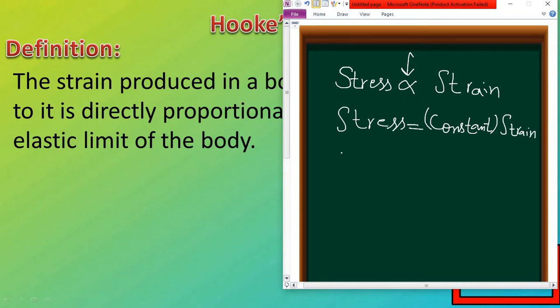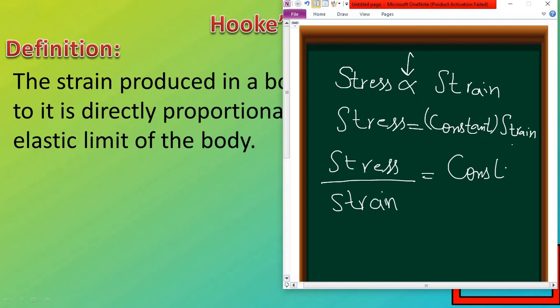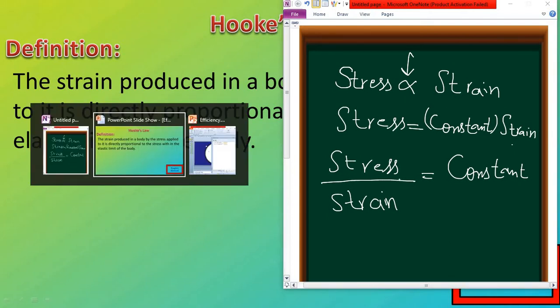Stress is equal to constant into strain. As strain is multiplying with the constant, it will be divided on the left side of equal. The stress divided by strain is equal to a constant. So the value of stress divided by strain is always equal to a constant. It will not be changed. Hooke's law is applicable to all kinds of deformation and all types of matter, for example solids, liquids or gases, within a certain limit.